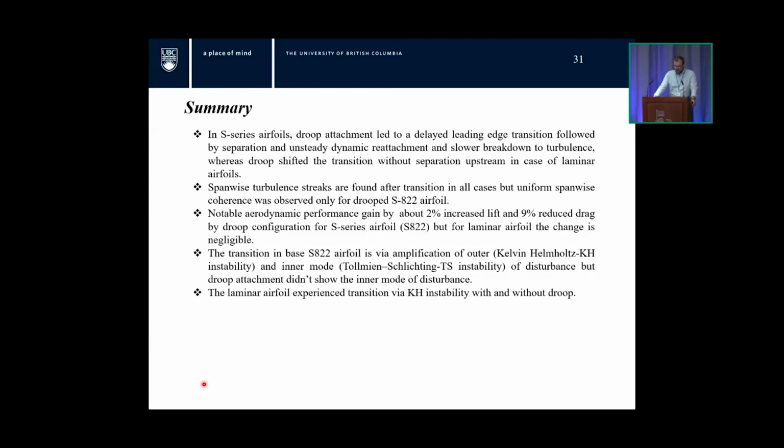The spanwise turbulent streaks are found after transition in all cases, but the uniform spanwise coherence is observed to be present for the drooped SA22 airfoil. And so the droop, again, delays the creation of small-scale 3D structures in the boundary layer. The aerodynamic gain, a 2% increase in lift and 9% reduction in drag attributed to the droop on the S-series airfoil, is the result of this delay in laminar to turbulent transition.